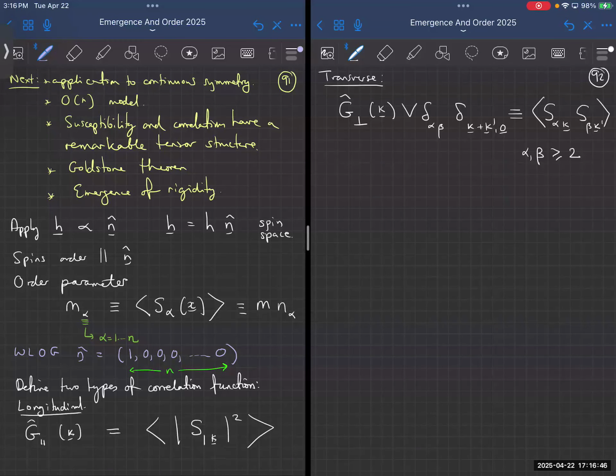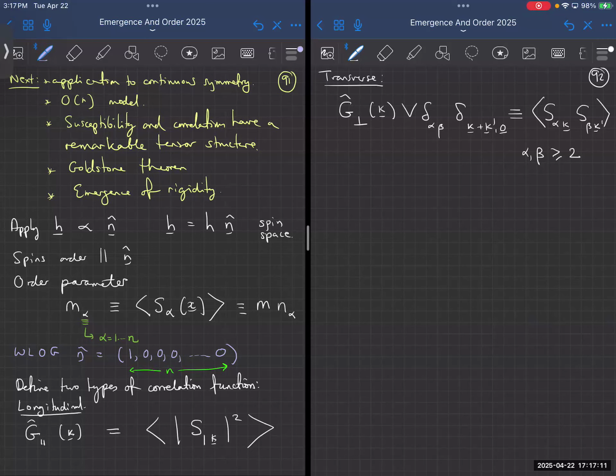So I choose which component, S alpha, S beta, alpha equals 16, beta equals 194. I look at the correlation of those, and I'm also going to do it by taking their Fourier transform and looking at the components k and k prime. And then the answer is going to be, I'm going to get some function, but you know that momentum is going to be conserved because our system is translationally invariant.